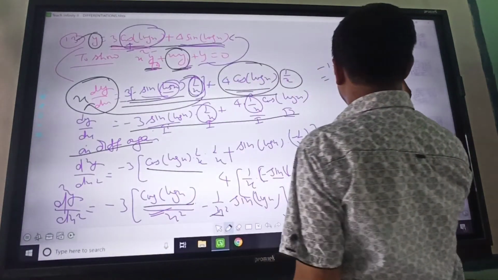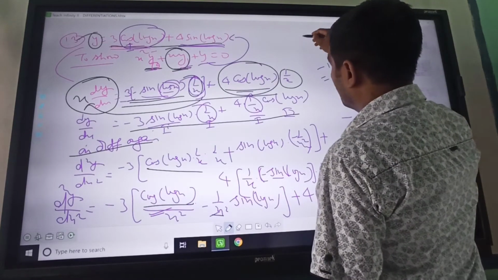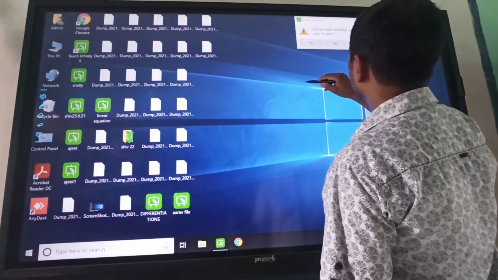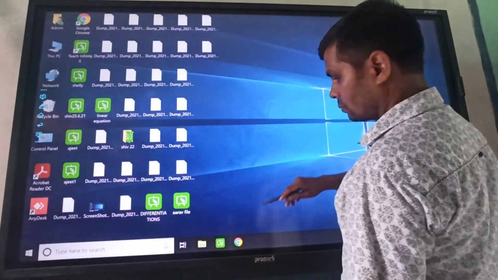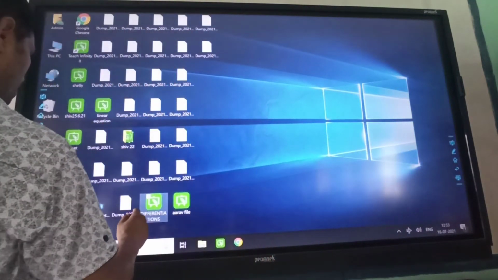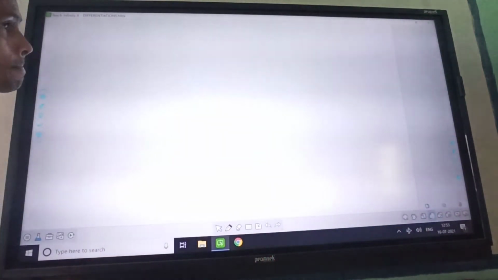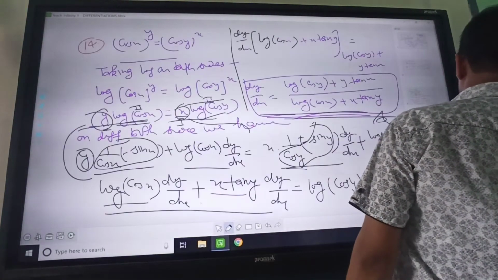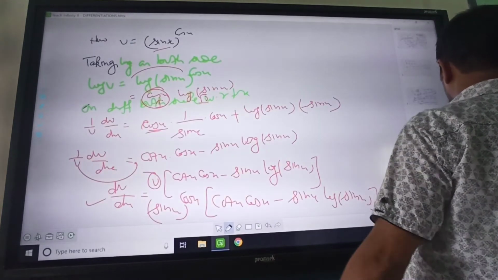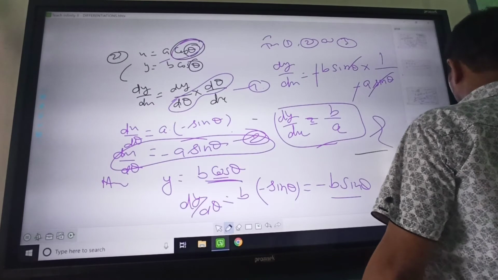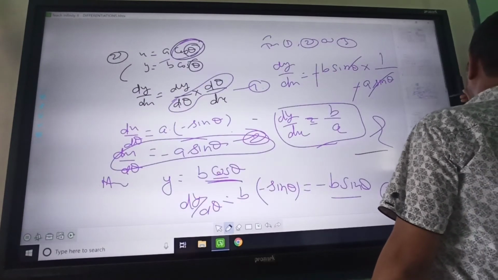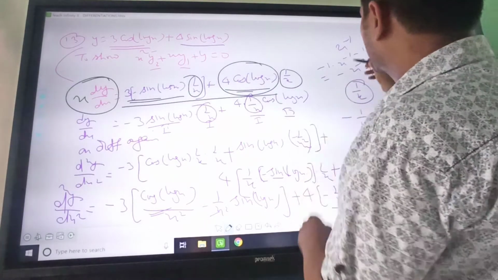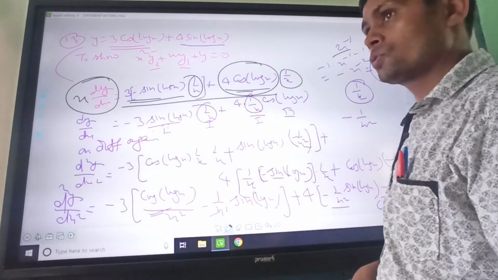The derivative of 1 upon x will be minus 1 upon x square, because 1 upon x can be written as x raised to the power minus 1. So this will behave as minus 1 upon x square.